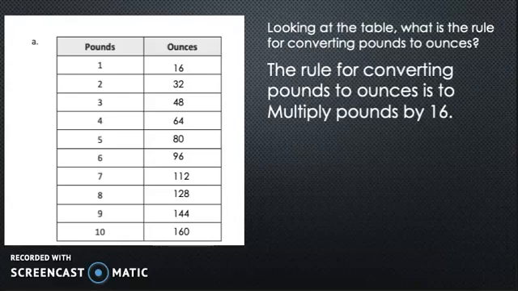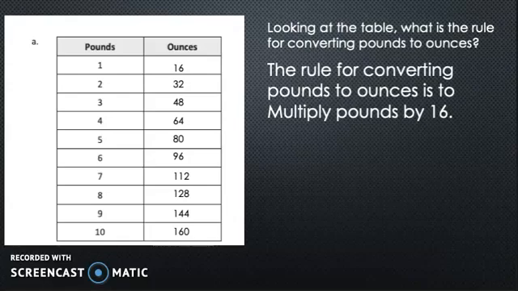Now, I know that some of you may have said that you kept adding 16 to the next previous number, but think back to the work you've done with multiplication in 3rd grade and this year. Multiplication is a quicker way to add similar numbers. So you've learned this year how to multiply a 2-digit number like 16 to a single-digit number. So that should be pretty easy for you.